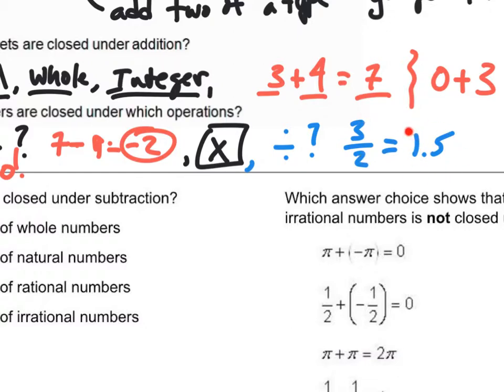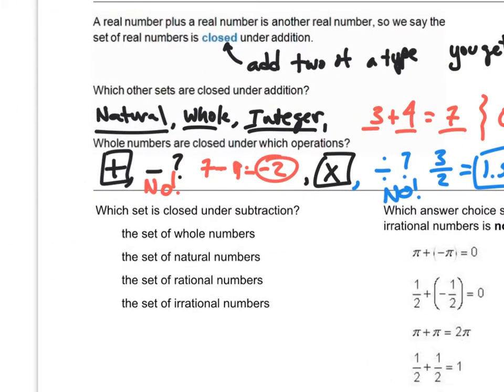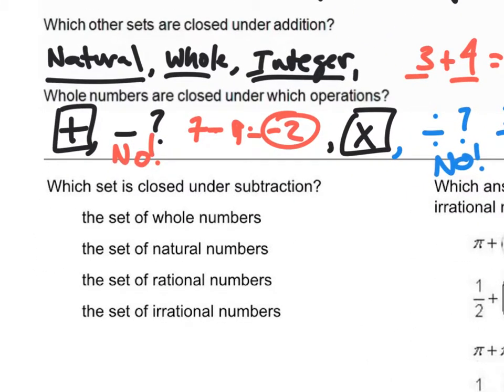No. But if you did 4 divided by 2, you'd get 2, which would give you another whole number. But it has to work for all of the numbers, not just some of them. So if you can disprove it, then it doesn't work. So no. False. All right, so which set is closed under subtraction?